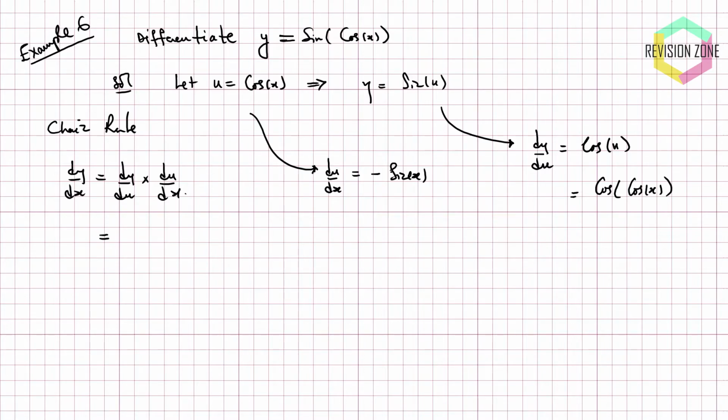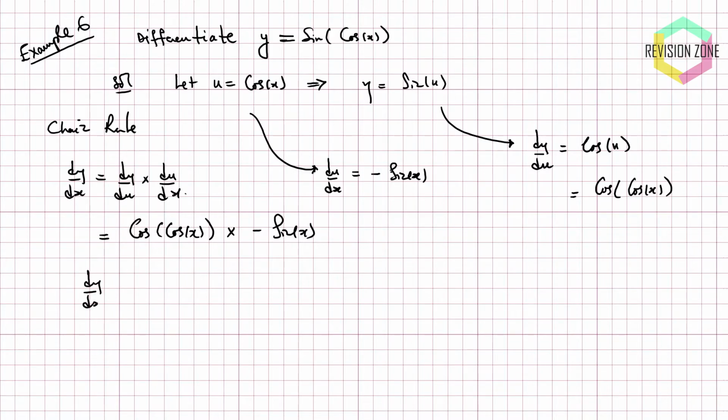So my dy by du is cos of u, and my du by dx is minus sine of x. Sorry, this should have been u, obviously. That's the whole reason why I changed the u to x earlier.